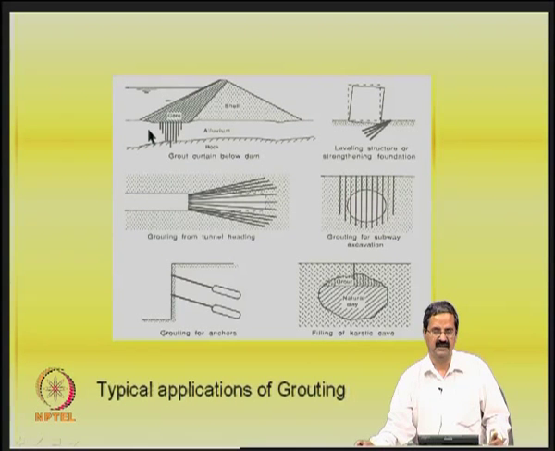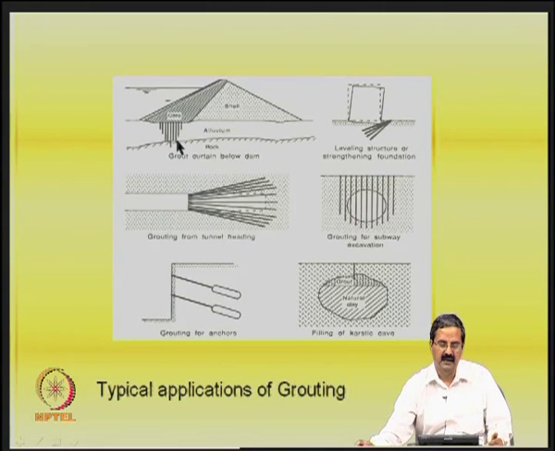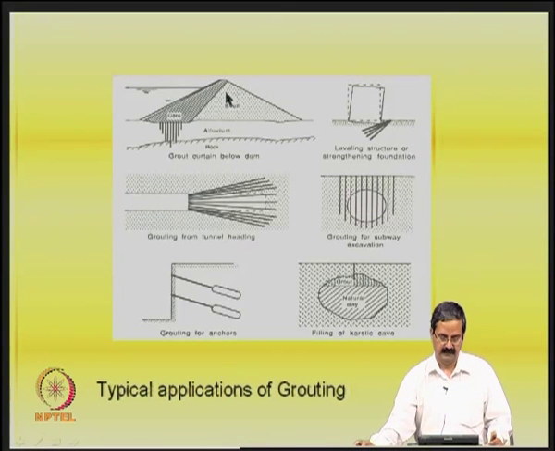You are supposed to store water behind the dam, but if you have a very weak alluvium soil like this, then permeation is there, and you will not have water at all on the upstream side. So what we do is grout this material so that there is no water flow, and the head in the dam is maintained.